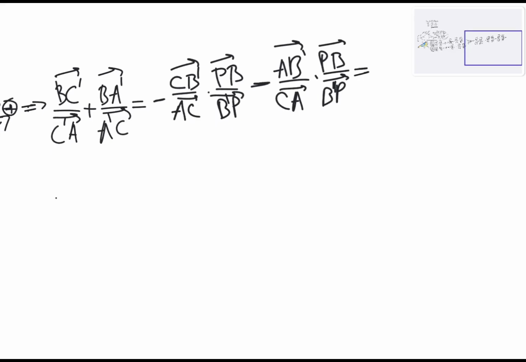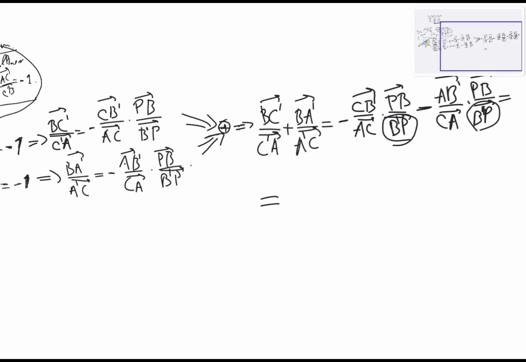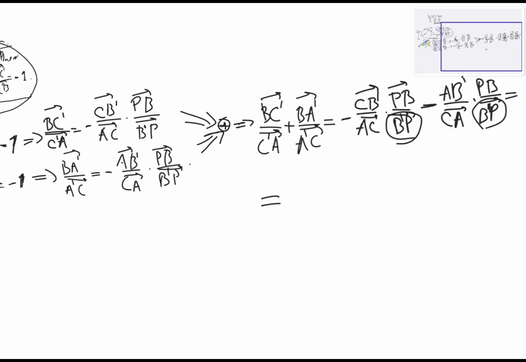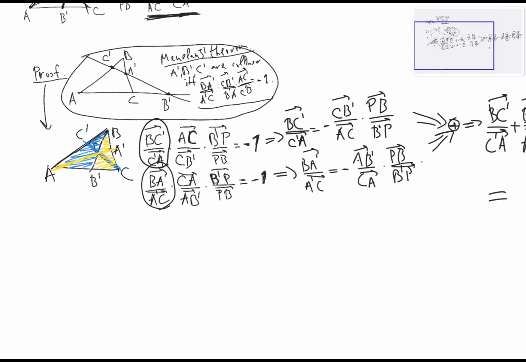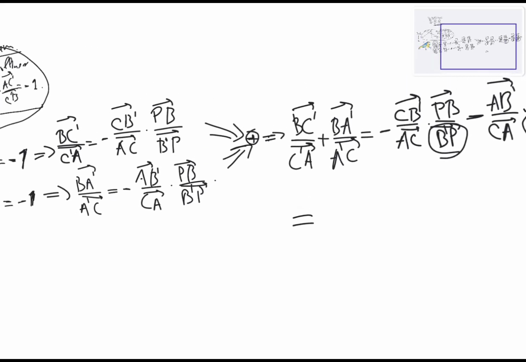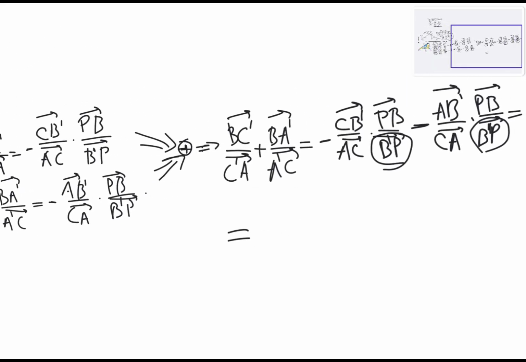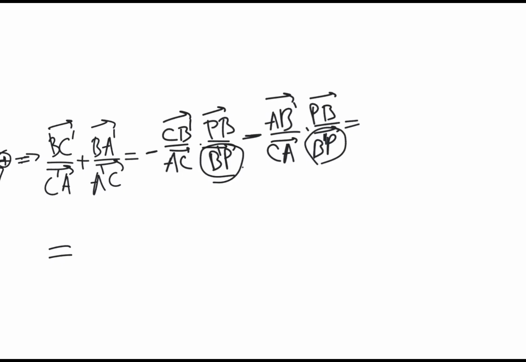We have B prime P and B prime P. You see that the second ratio, this whole ratio, this one and this one, is just the same.